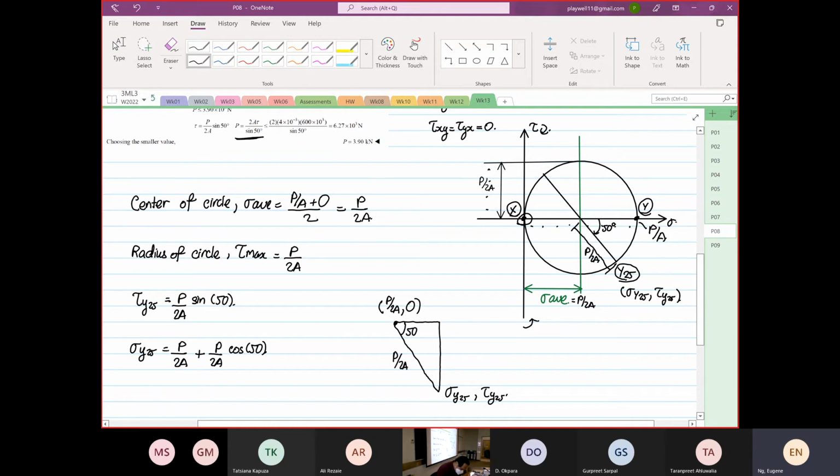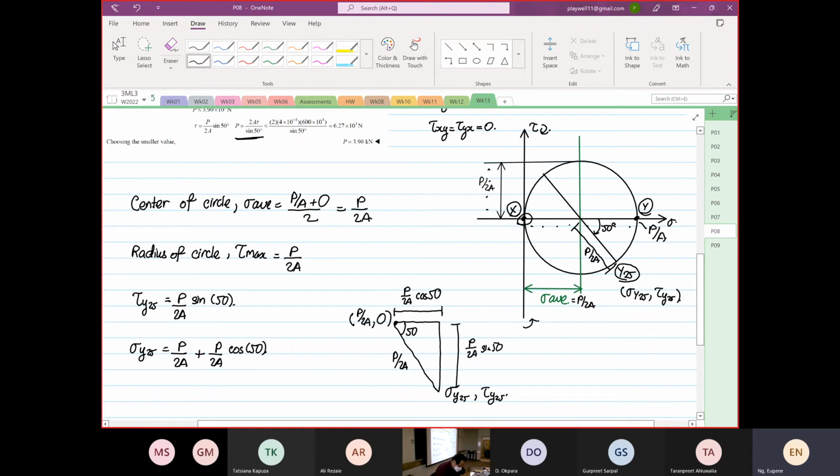So the distance from here to here is P over 2A cos 50, and the distance from here to here is P over 2A sine 50. So that's why the first one is P over 2A sine 50.